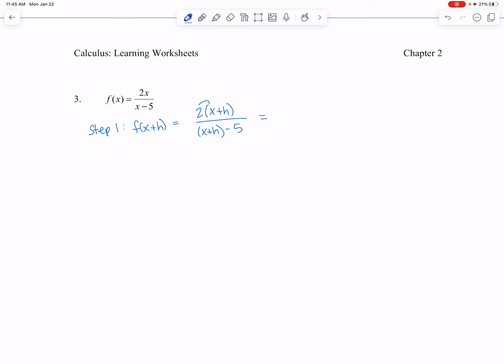So let's distribute. We'll do 2x plus 2h over x plus h minus 5. Next, subtract our original.